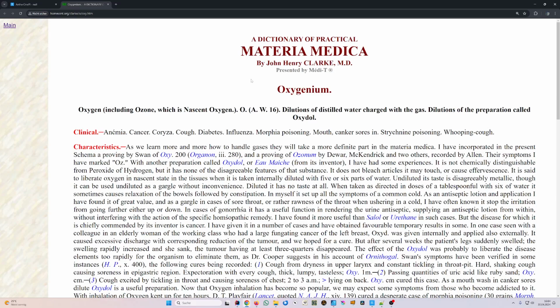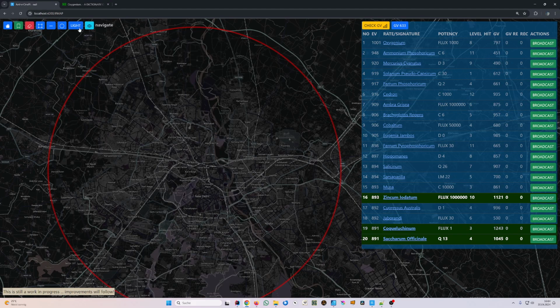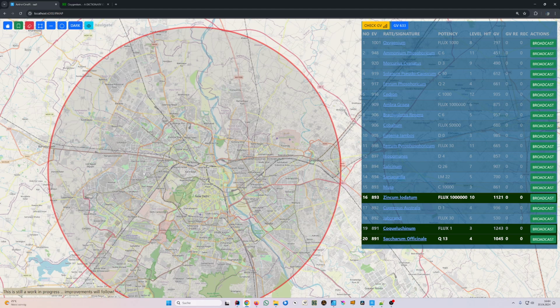So a lot of problems related to the bad air in this region. It's a big city.